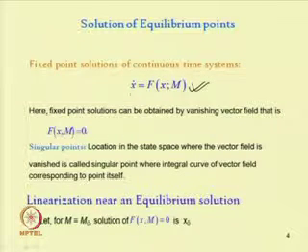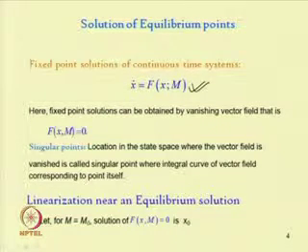If x double dot, the acceleration terms, are also there, then we may put that also equal to 0. In this first order equation we write x dot equal to 0, so it reduces to f(x, m) equal to 0, from which we get the value of x, which corresponds to the equilibrium positions.